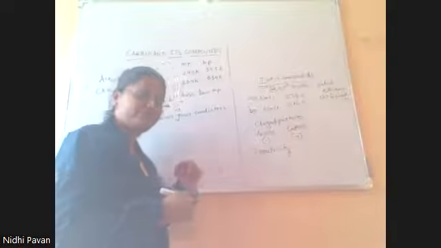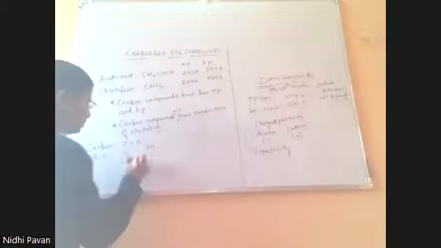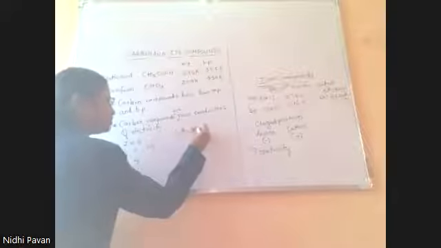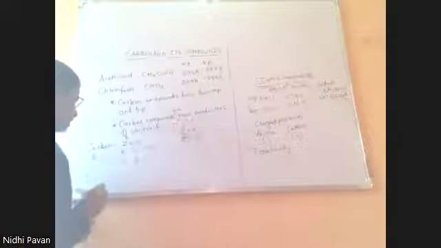But here what happens, guys? When we consider the atomic number of carbon, Z equals 6, and write its electronic configuration, K L M, it takes 2 and 4. So the number of protons is 6 and the number of electrons is 6. We know protons are positively charged.